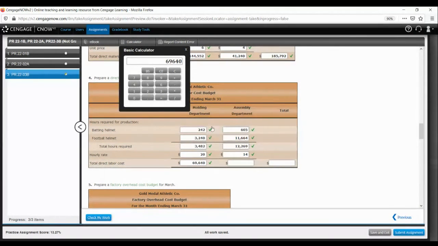For the assembly department, the number of hours was 12,269. We're going to multiply that by $14.